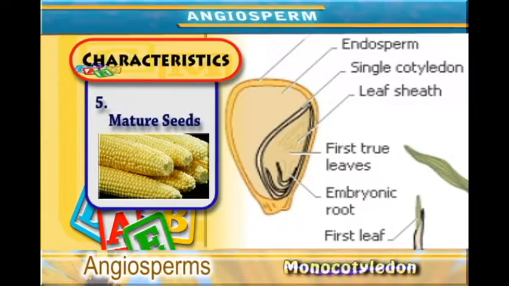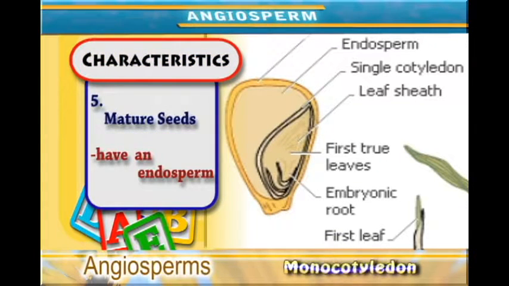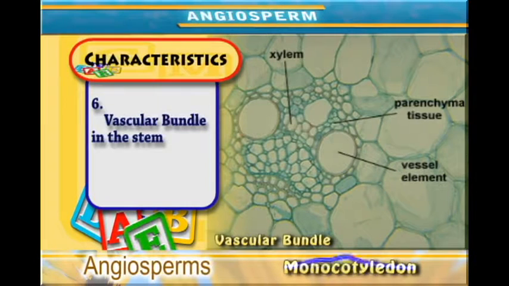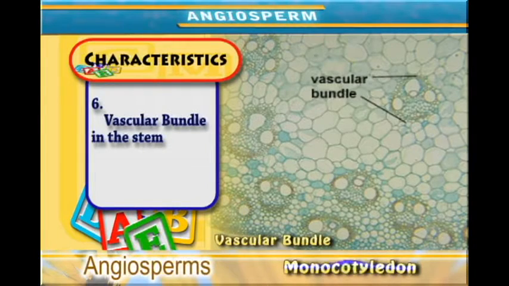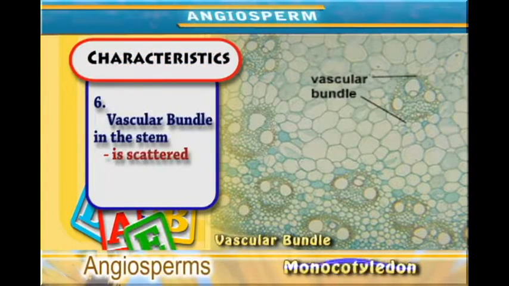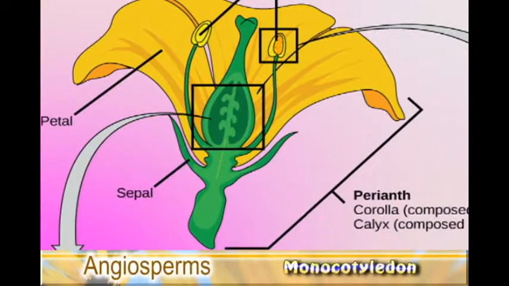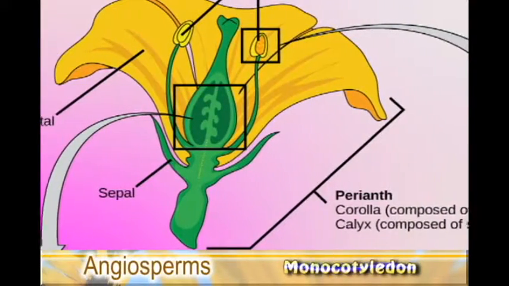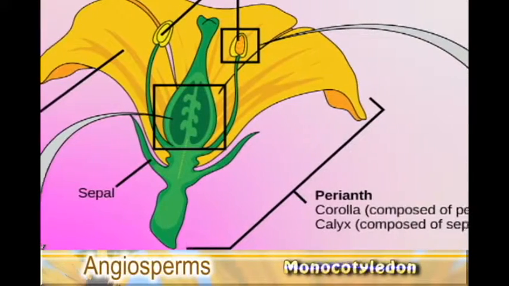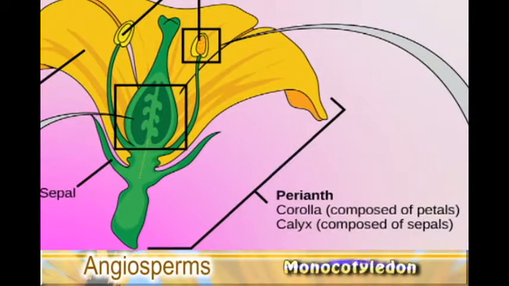The mature seeds of the monocots have an endosperm, whereas their vascular bundles in the stem are scattered, and the calyx and the corolla are not easily differentiated.